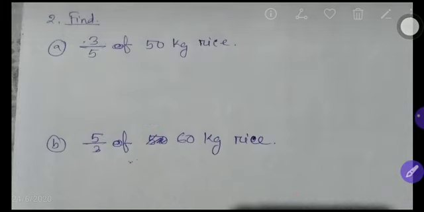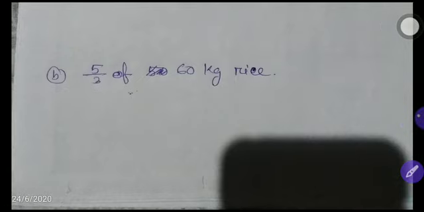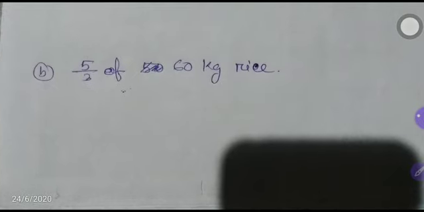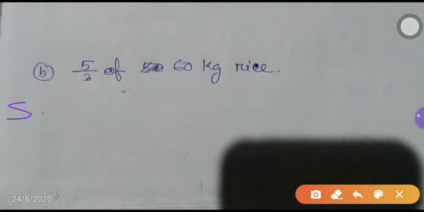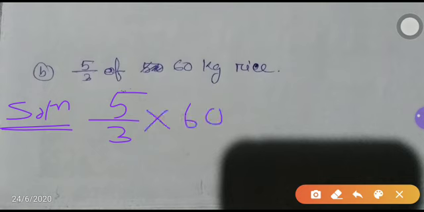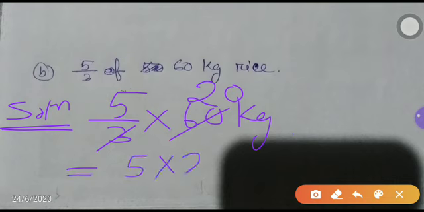So next B number you see, 5 by 3 of 60 kg rice. Now this is an improper fraction. This time you see 5 by 3 into 60 kg. By 3 we can cancel 60 20 times. 3 20s are 60, equal to 5 into 20 kg equal to what? 20 into 5 is 100 kg.